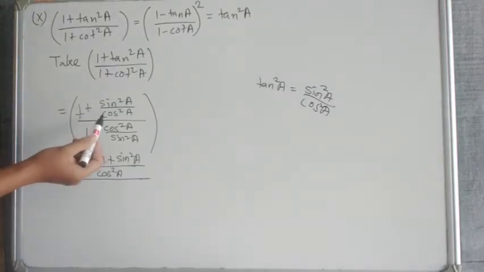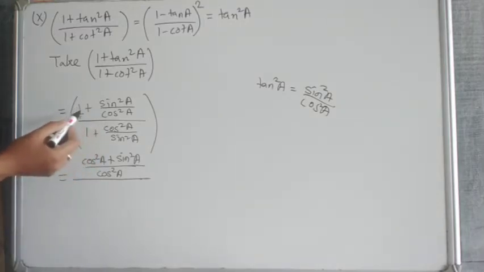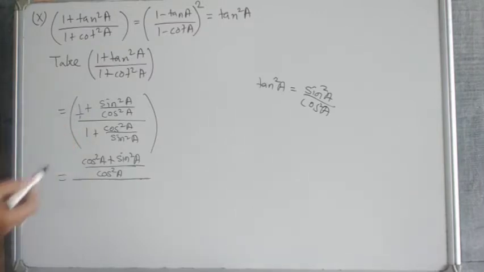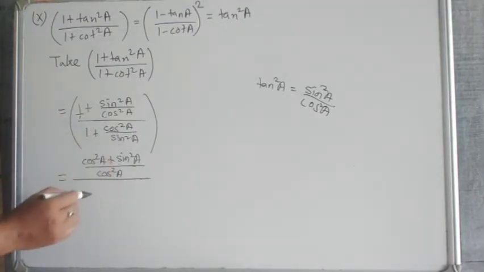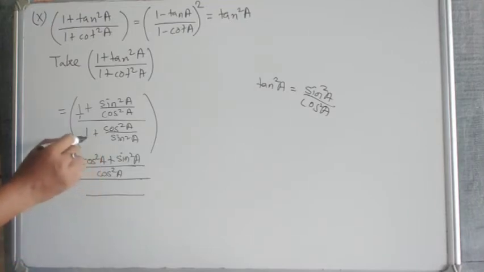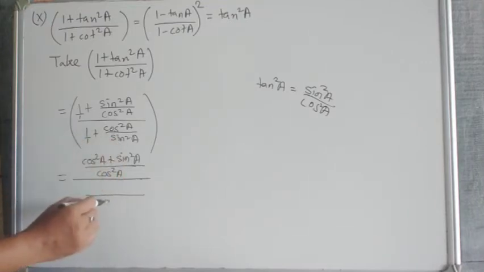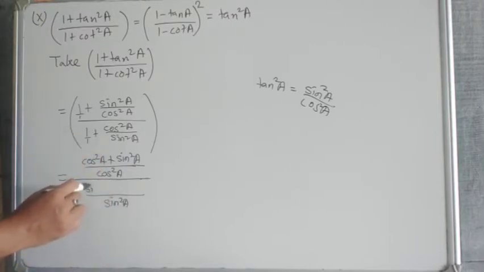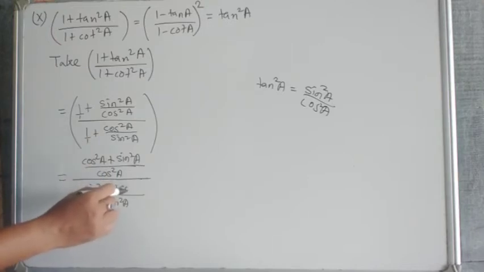I'll explain the LCM once more: cos square A and 1 will become cos square A. Then shortcut: cos square A into 1 will become cos square A, 1 into sin square A will become sin square A. Easiest one. Then the down one is the same: there is nothing, meaning 1, so sin square A into 1 is sin square A, plus cos square A into 1 will become cos square A.